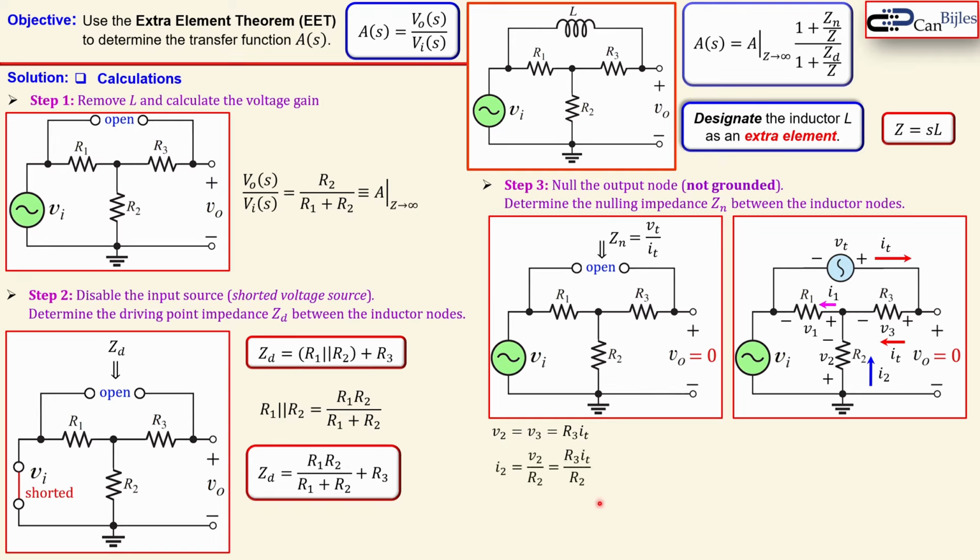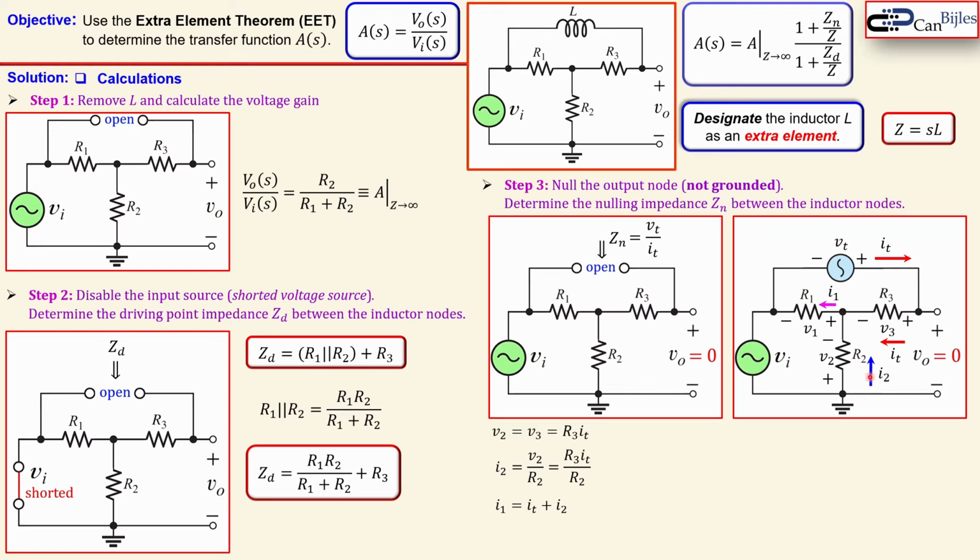Now the current through the resistor R2 is then taking that voltage we just determined and divided by R2. That's actually what you see here. So we relate actually the current here using the voltage across R3. We also know the current here, I1, is produced by I2 and IT.